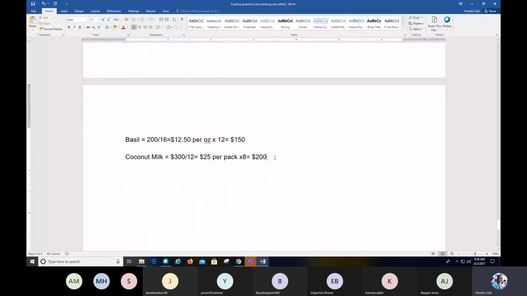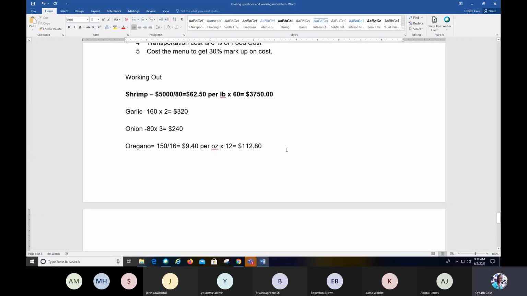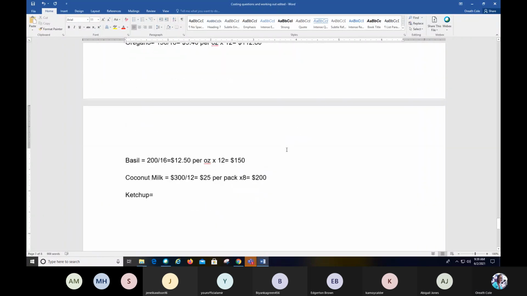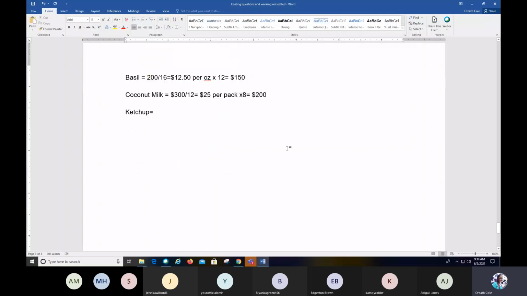All right, so go to ketchup. I just go back. It says 32 ounces. So you have to divide the 200 by the 32 to find out how much for 1 ounce, because it's 32 ounces in the bottle.